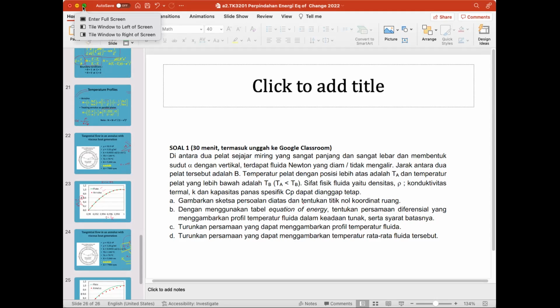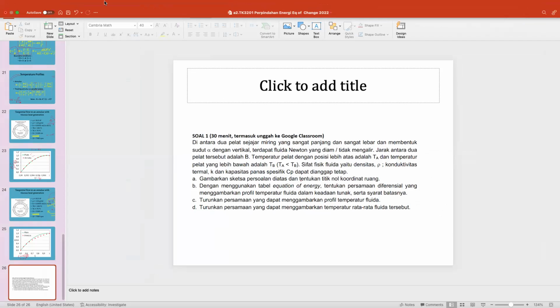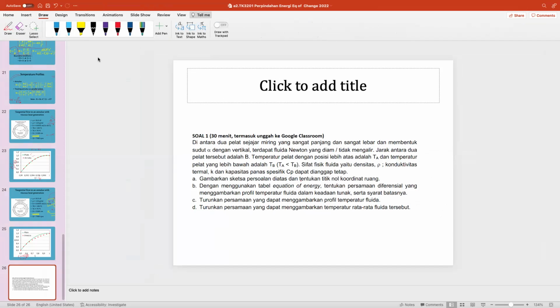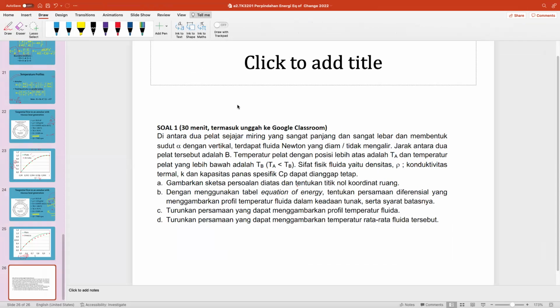So again, if you look here, where's my pen? Okay. At least you see, sorry, this is still in Indonesian, but we can see some clues here.